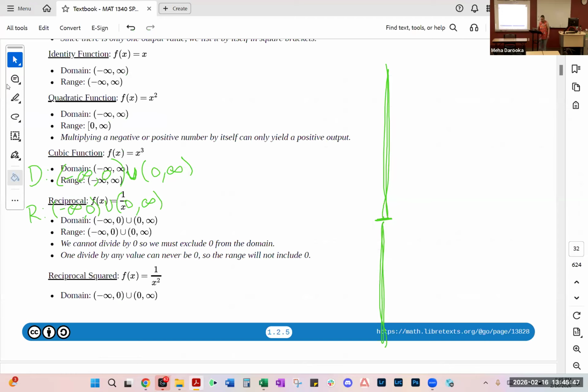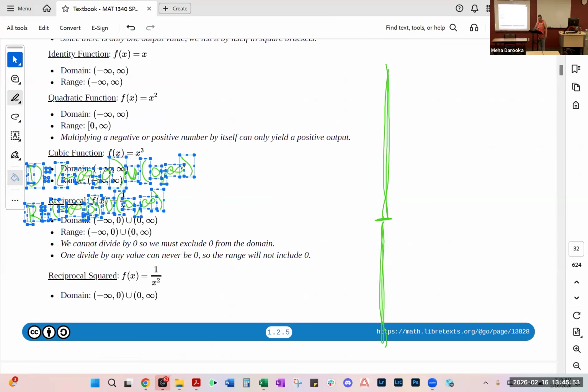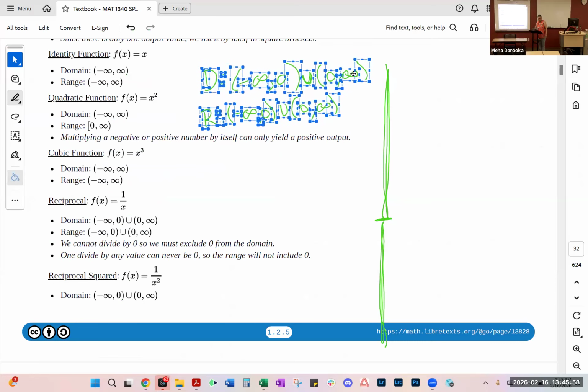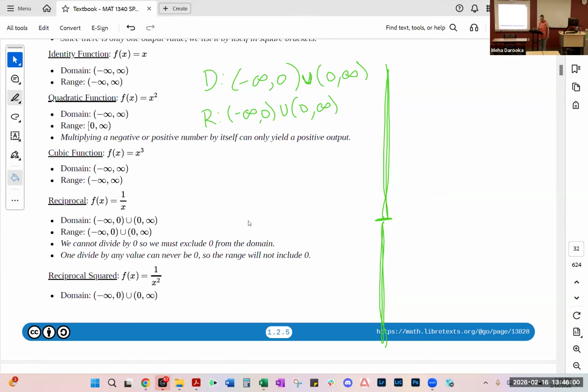And you can see that right over here with the reciprocal function, your domain and range.